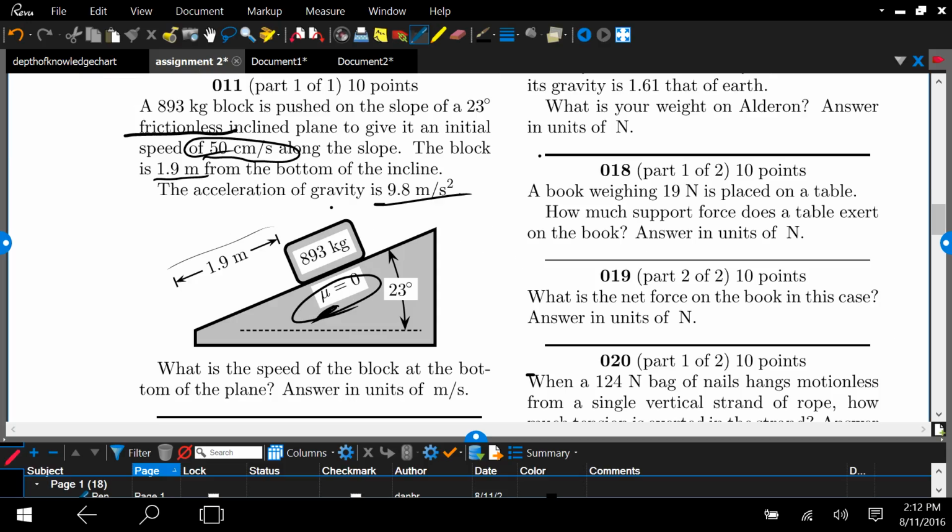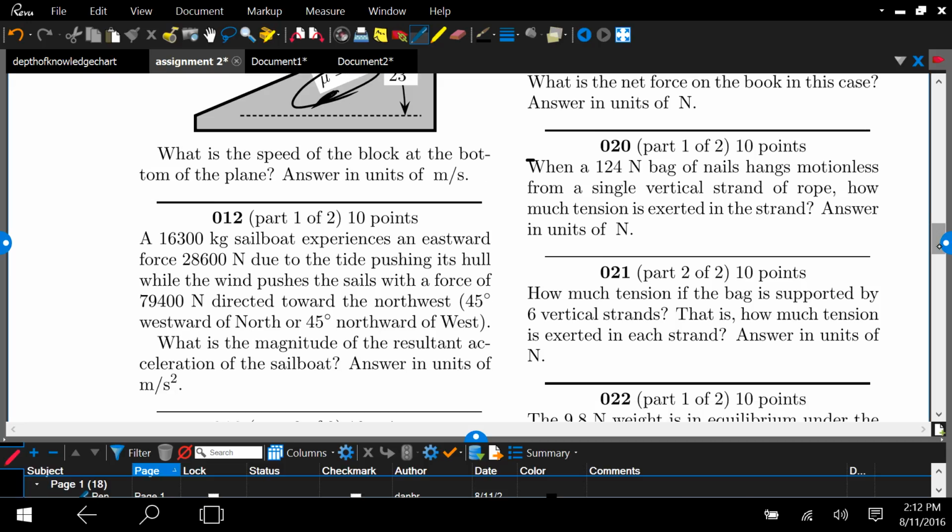Let's go back to our assignment and see what else there is to grab onto. Sailboat is a very similar problem here. This one is the first one. We have F equals ma. You see they give you a mass of a sailboat, and they give a force. That capital N stands for newtons, if you don't recall. Newtons are the units we measure force in. Kilograms, of course, are a unit of mass.